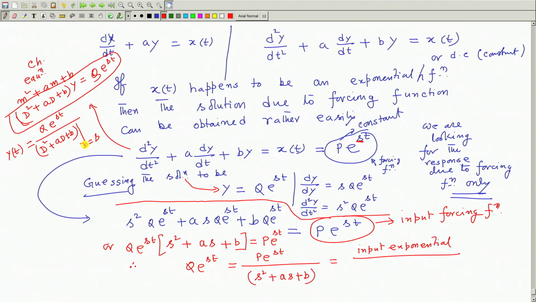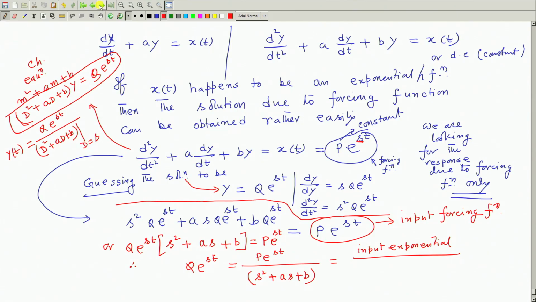So, the solution due to forcing function, when it can be expressed in the form of an exponential, will be simply that input divided by this characteristic equation evaluated at D equal to s.